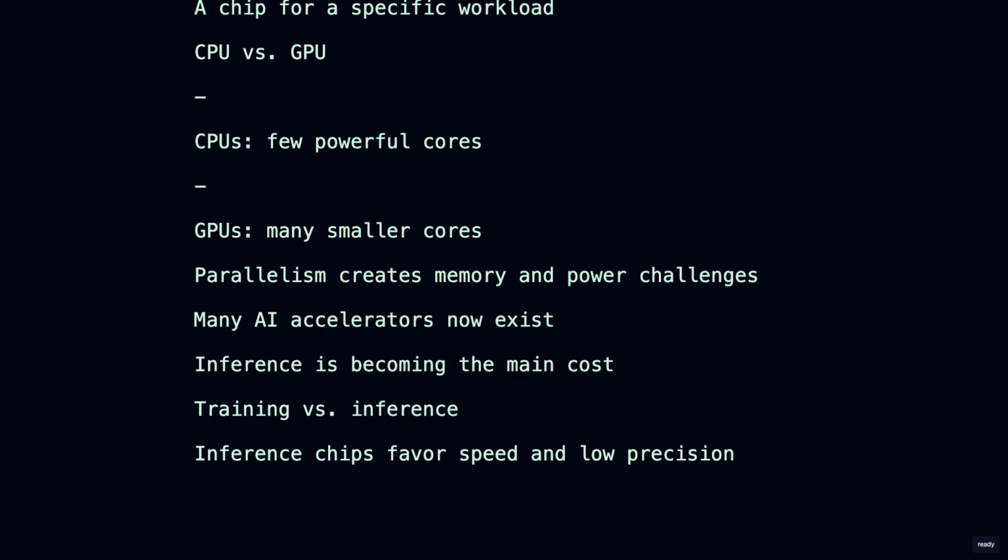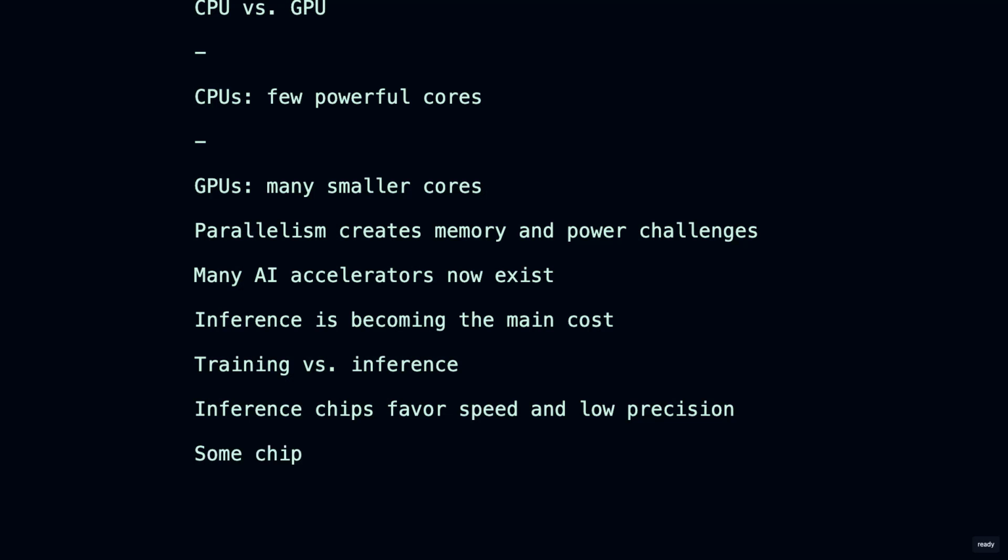Examples include Apple Neural Engine, AWS Inferentia, MTIA, and edge chips like Edge TPU and Jetson. Specialization could go even further, down to a model family like transformers.